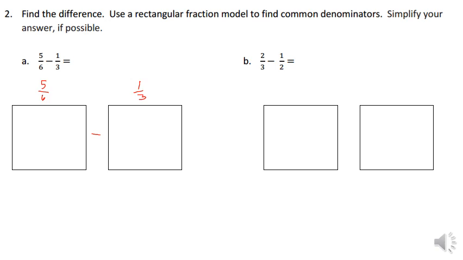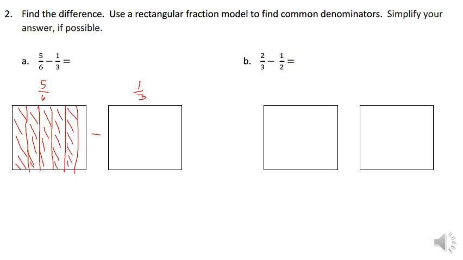Now the first one says 5/6, so I'm going to go ahead and split this into 6. There's 1, 2, 3, 4, 5, and 6. It says 5 of them, so I know I'm going to shade 5 of them. There's 5 out of 6 shaded.